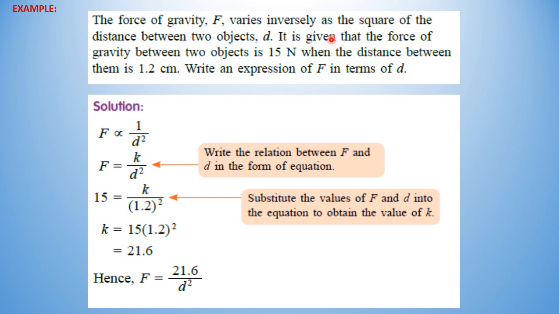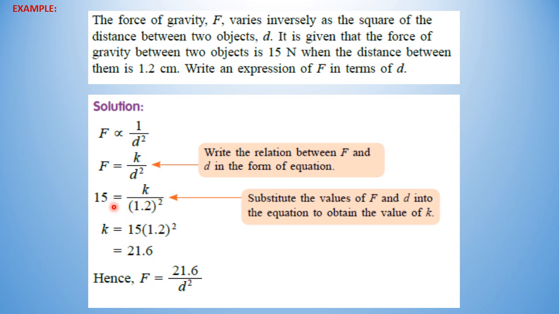After that, we look at the second sentence. It's given that the force of gravity between two objects is 15 Newton when the distance between them is 1.2 cm. So F should be 15. Substitute inside here, and the distance 1.2 cm for D, so 1.2 squared.